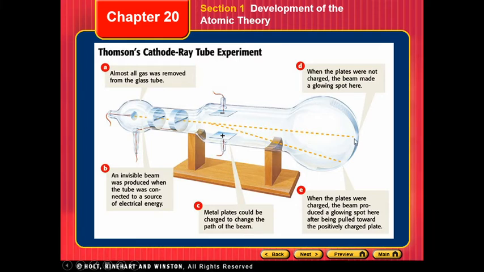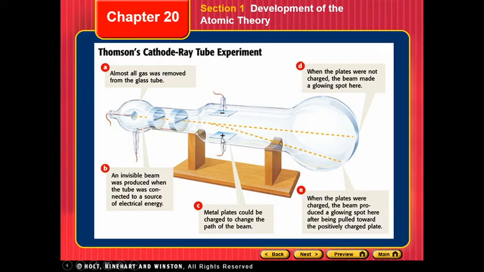But when the plates were charged, like when they turned on the negative charge here or the positive charge here, the beam made a glowing spot here. If you put the positive charge here, the beam will bend and go to this spot, meaning that the beam has a negative charge and it is attracted to the positive charge.